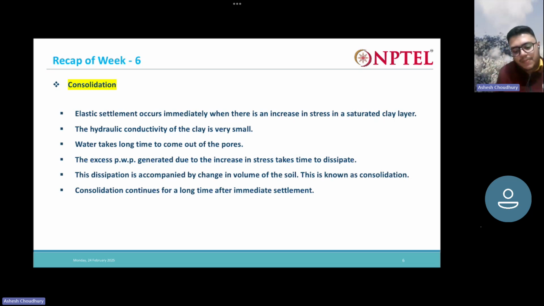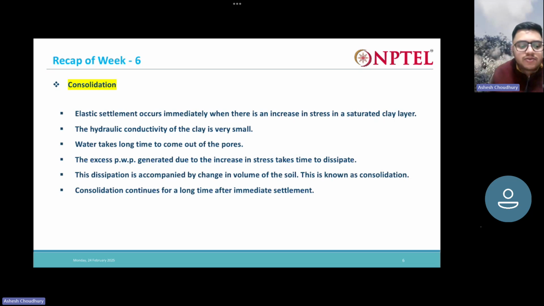As soon as we apply the load, the extra load that we are applying immediately generates an excess pore water pressure. Now when this excess pore water pressure is generated, water takes time to flow out of the soil.